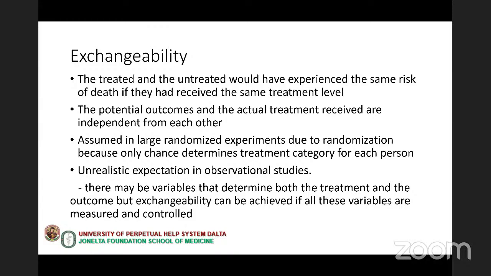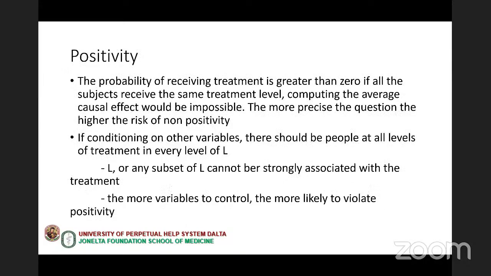The unrealistic expectation in observational studies would be that there may be variables that determine both the treatment and the outcome, but exchangeability can be achieved if all these variables are measured and controlled. So that is another assumption.